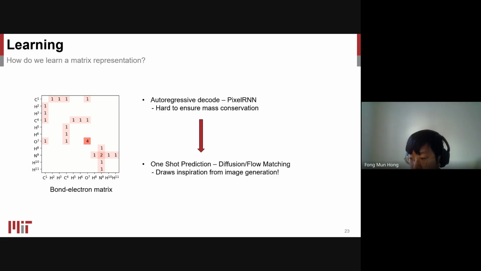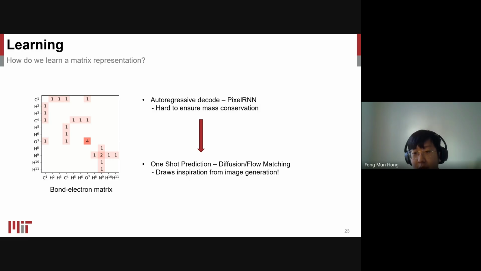In previous literature for image generation, there's something like PixelRNN where you generate the matrix or the image pixel by pixel. In this case, it's also really hard to do mass conservation. If you do too much at once, then your zeros would not follow up, so it's still kind of wonky when you do autoregressive generation of a matrix.